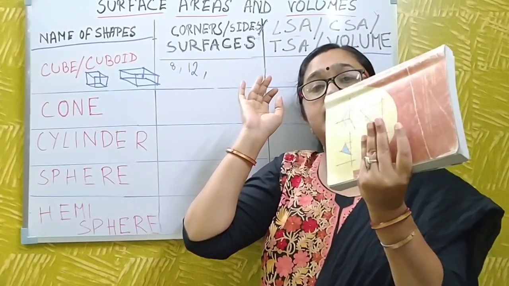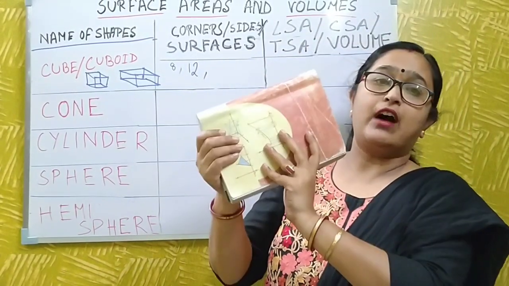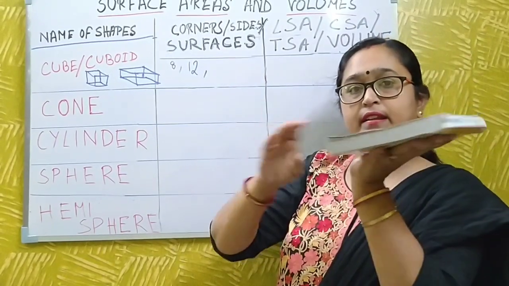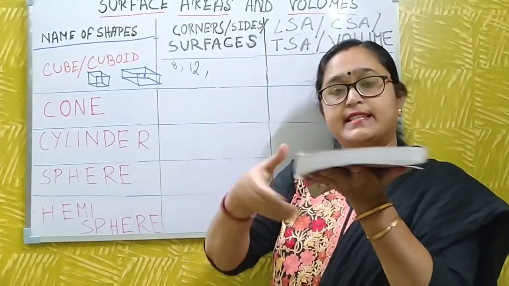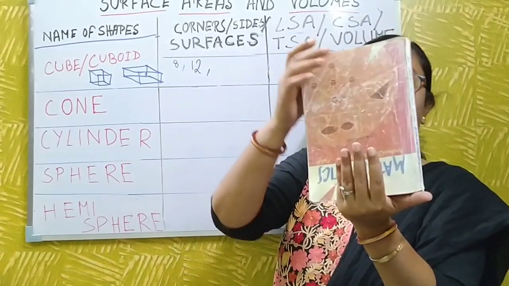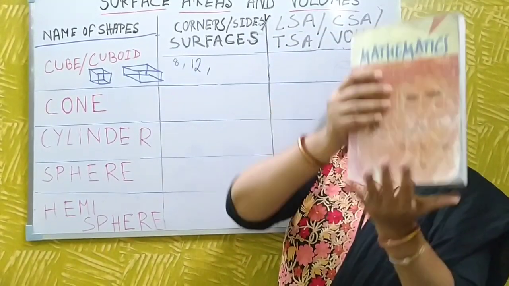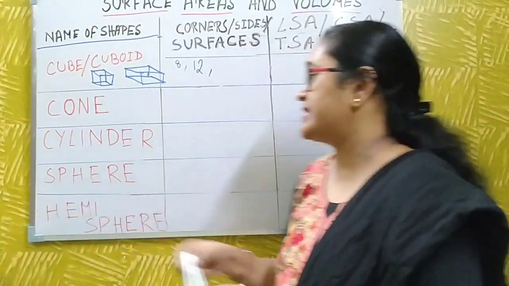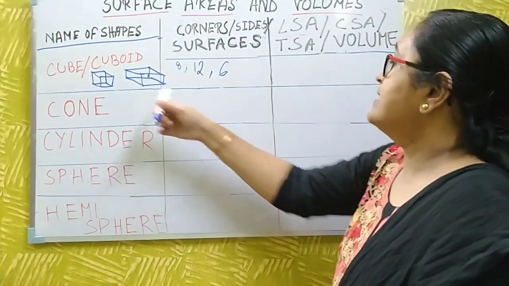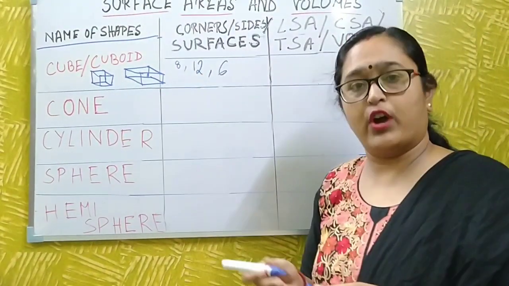How many surfaces are there? Again I count: first one, opposite and front, two surfaces, then 1, 2, 3 and 4. There are 6 surfaces in a cube and cuboid.